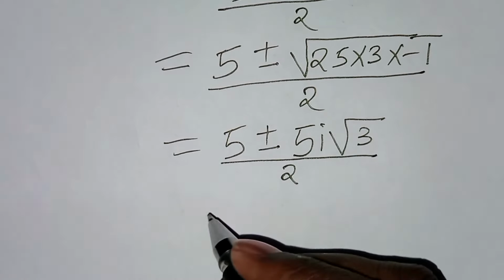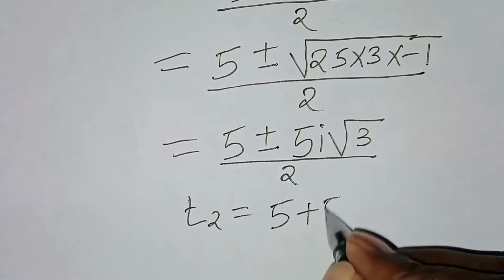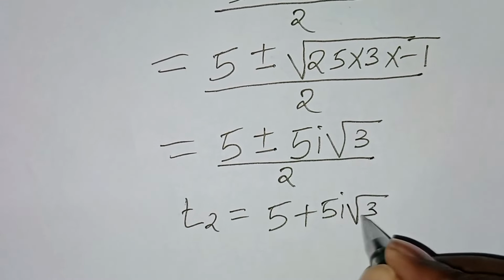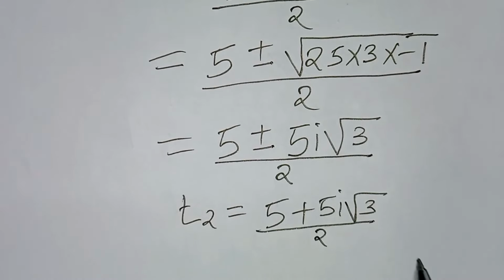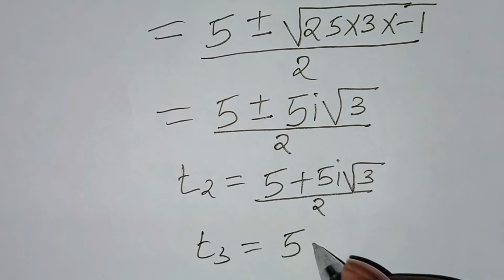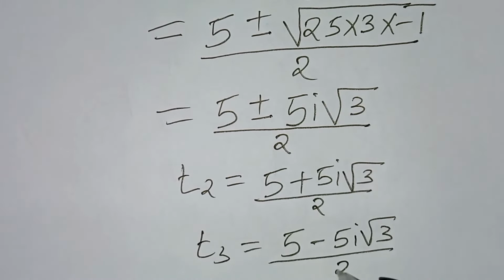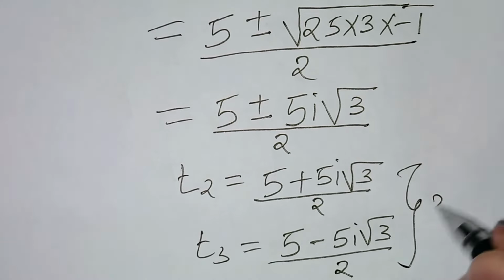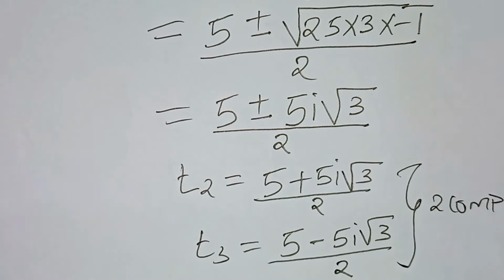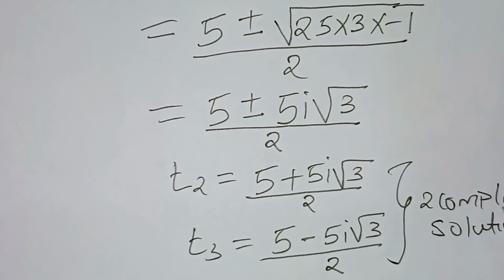So in this case, we have t2 equal to 5 plus 5i square root of 3 divided by 2. And we have t3 equal to 5 subtract 5i square root of 3 divided by 2. Now these are two complex solutions, that is t2 and t3.